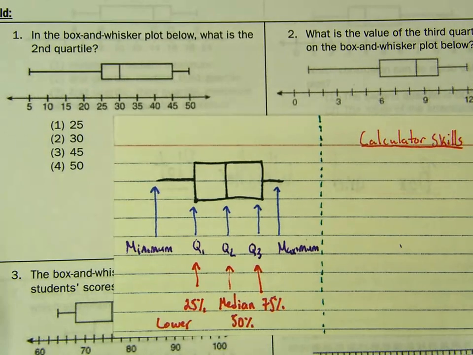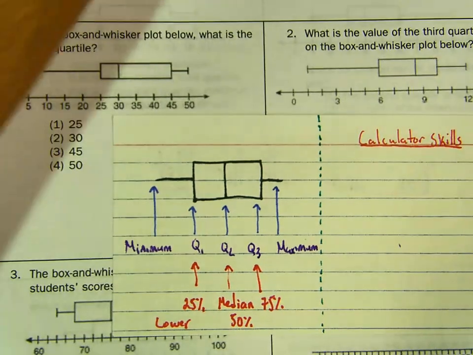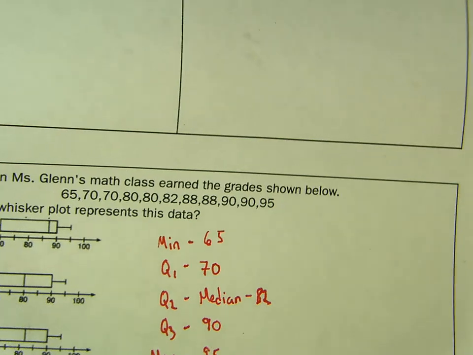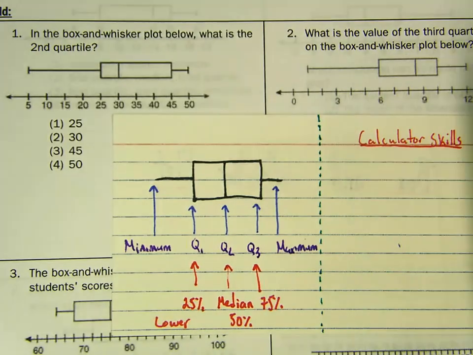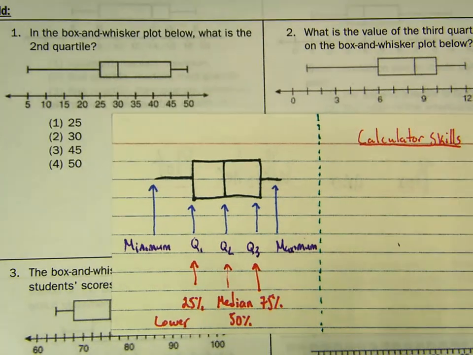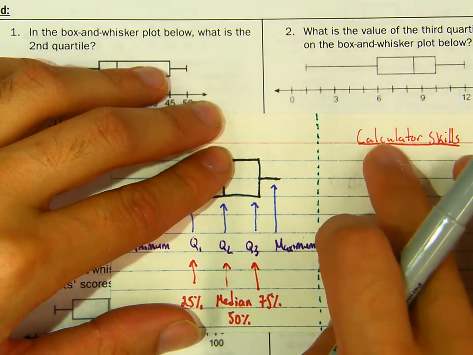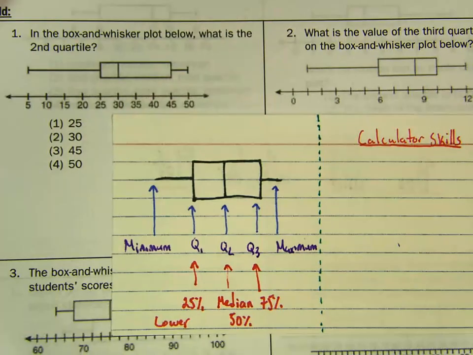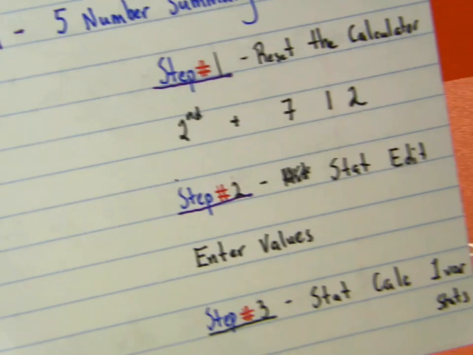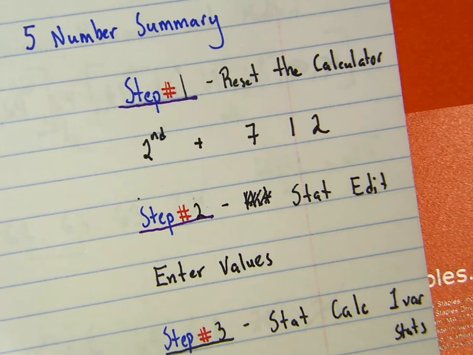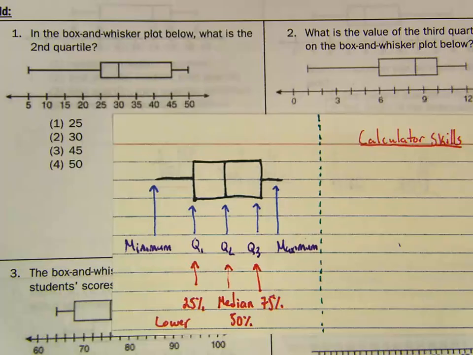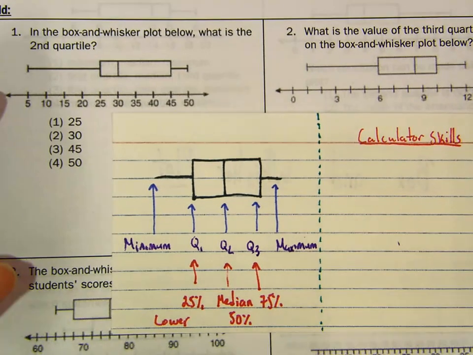And what I should have said was, when we did this question, and you saw that I was using the calculator skills, maybe if you want, rewind the video and write down what the skills were. We have it in the last pair of notes. You remember this part here where it shows the steps of how to do it. But if you feel like you need to write it down again, go for it.